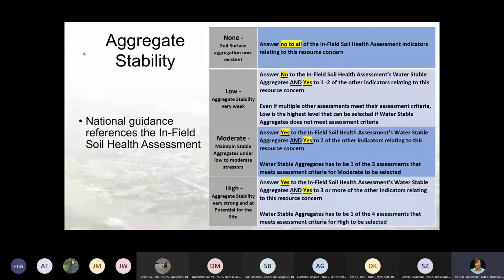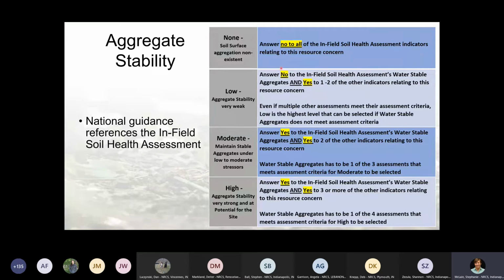And I know that this probably makes sense to everyone, but I want to make it clear. If aggregate stability is the goal and aggregate instability is our resource concern, then no matter what we do for none, low, moderate, and high, water stable aggregates is going to be a priority that they're looking for, or it's going to be absent through this process.